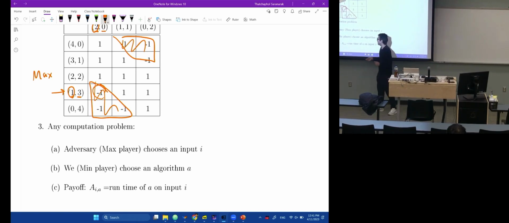And what we want is the payoff, to minimize the running time. So the payoff is just A(I, A), the running time of A on input I. So what we want is to choose some algorithm such that no matter what the input is, this is minimized. That's a game too. Okay.